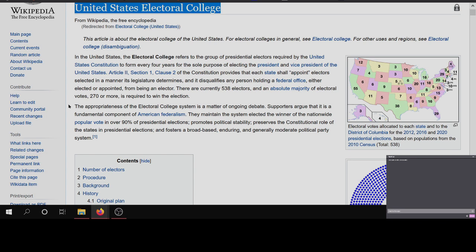Supporters argue that it is a fundamental component of American federalism. They maintain the system elected the winner of the nationwide popular vote in over 90% of presidential elections, promotes political stability, preserves the constitutional role of the states in presidential elections, and fosters a broad-based, enduring, and generally moderate political party system.